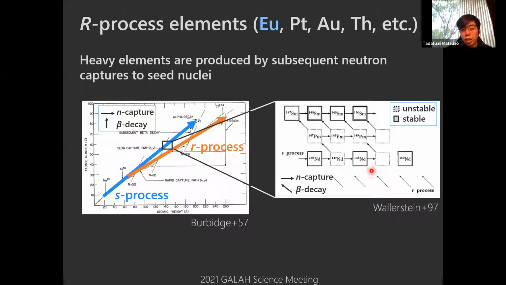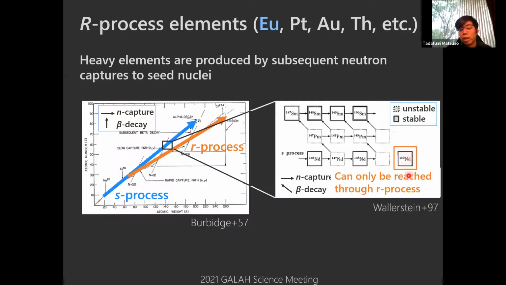In the s-process, if there is an unstable nucleus, it cannot capture additional neutrons before it experiences beta decay. So in the s-process, we cannot produce these nuclei because of this unstable nucleus. But in the r-process, more neutron-rich nuclei can be produced.